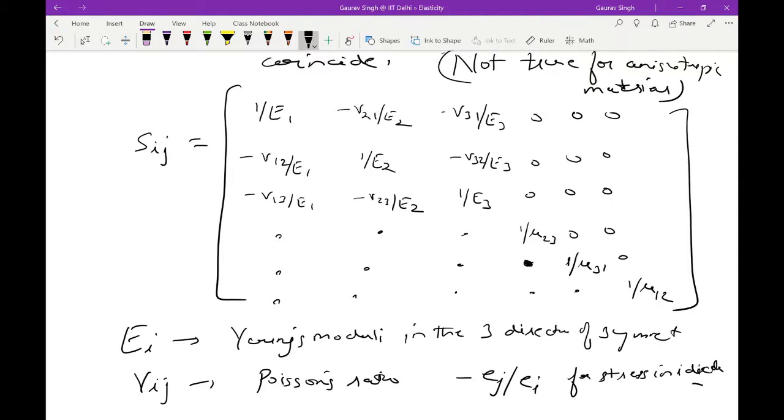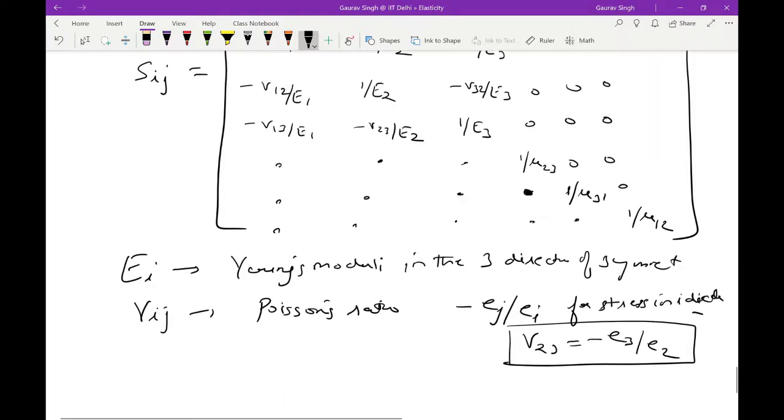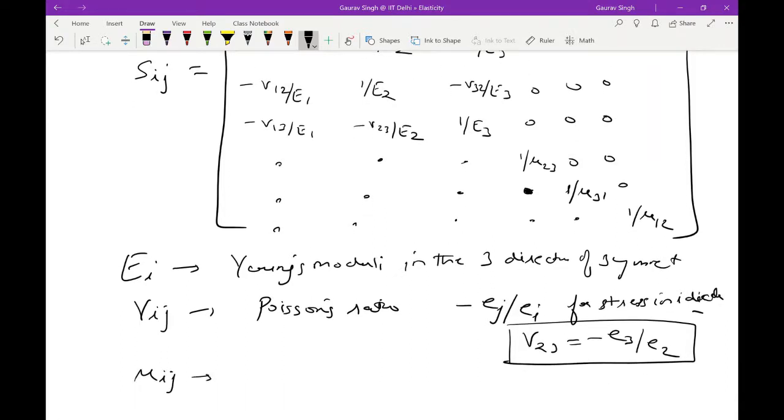Okay. So if you had say nu 23, that would be equal to minus E3 by E2 when the stress is applied in the 2 direction. Okay. And similarly you will have a mu ij, which is the shear modulus in the ij plane.